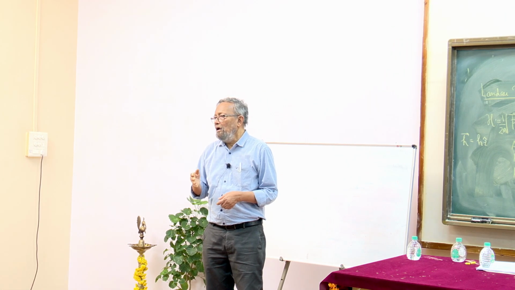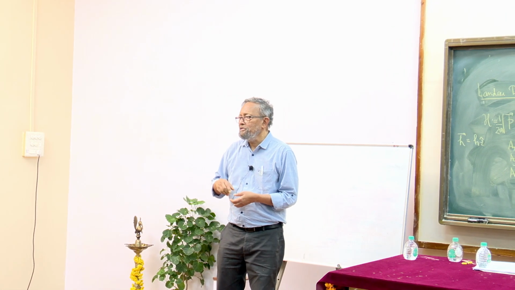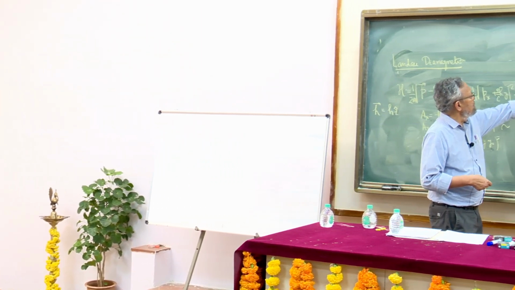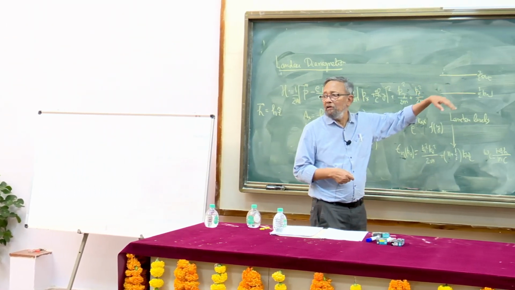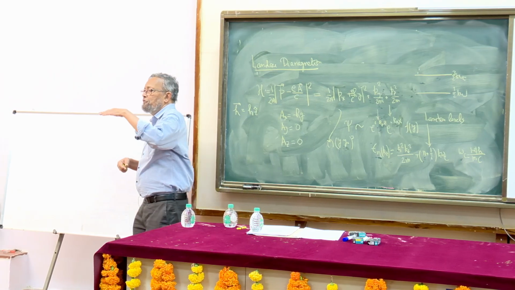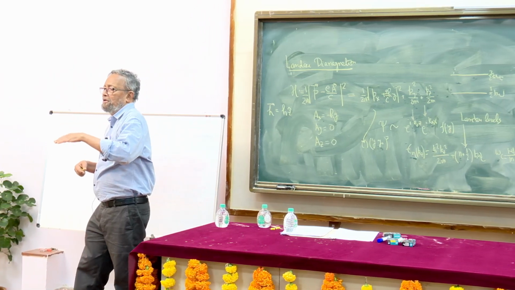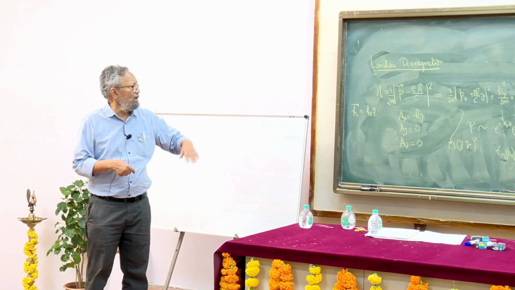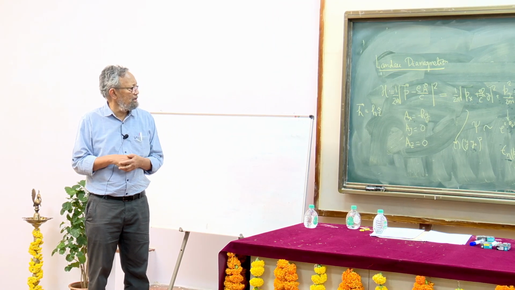And that will change, because as you change H, the Landau levels are going to move up and down. Landau levels sometimes will go through the Fermi energy, sometimes the Fermi energy lies far away from the Landau level, etc. So all these complications are there.